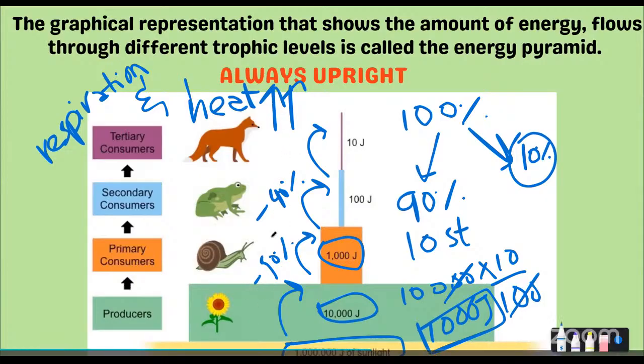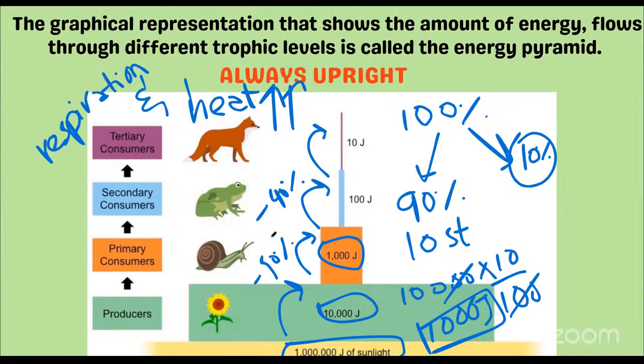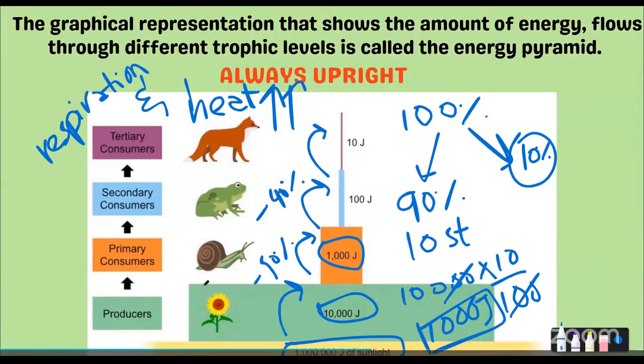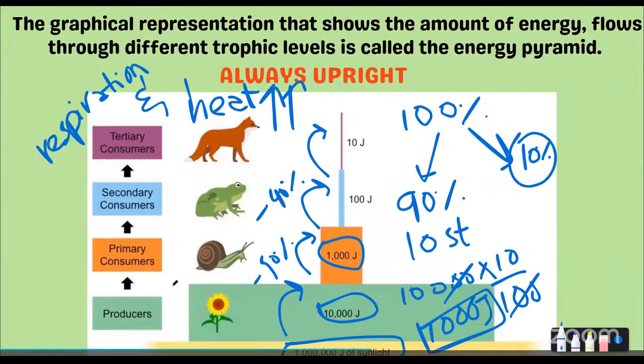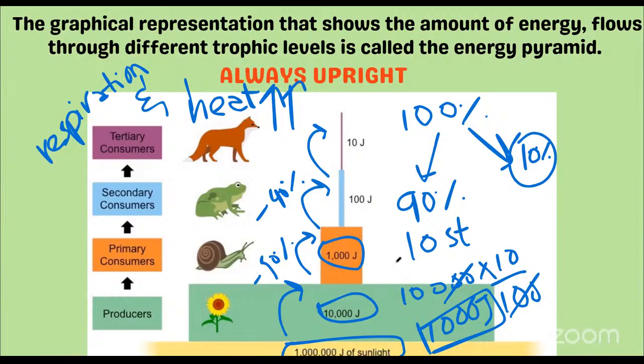The plant, the sunflower. There's no hawk in this. Yes, producers, the producer plants. Obviously you can't intake sunlight. Sunlight has like 1 million joules. You can't. So we go for plants.